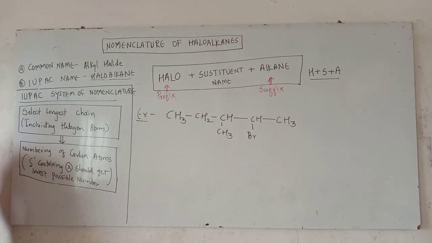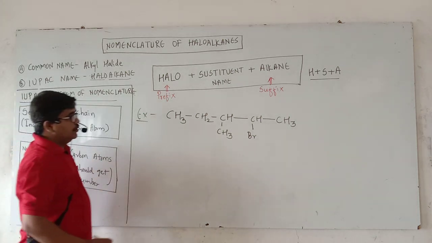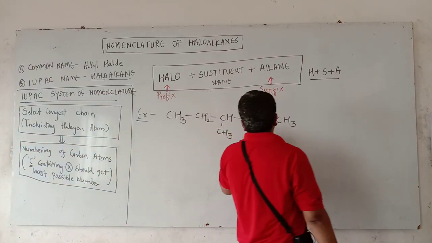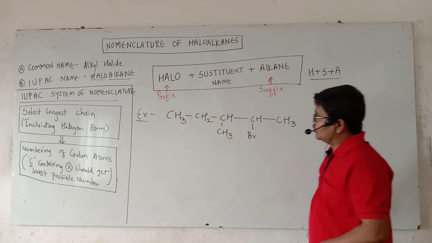Now for this compound, what will be the common name and what will be the IUPAC name? Select the longest chain. The first step is to select the longest chain, including the halogen atom. Including the halogen atom means the carbon which you are going to consider, to that carbon the halogen must be attached.